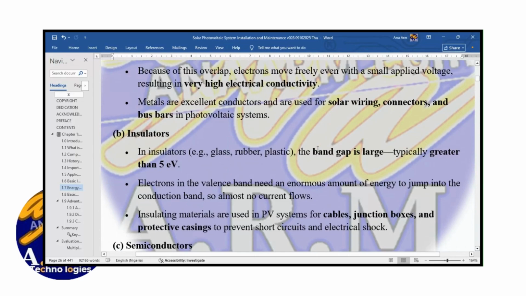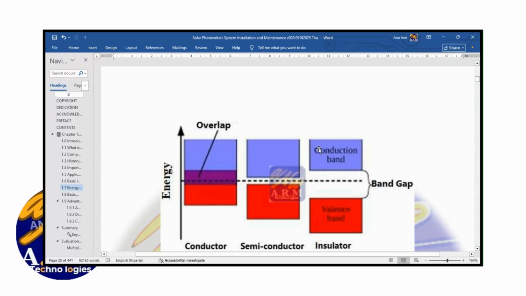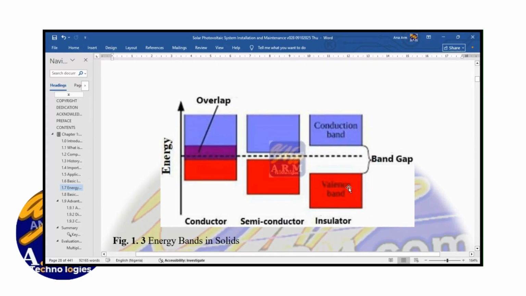Insulators. In insulators, e.g., glass, rubber, plastic, the band gap is large, typically greater than 5 electron volts. This is what we mean from this diagram. This is an insulator. You notice that the gap between the two bands is very large.